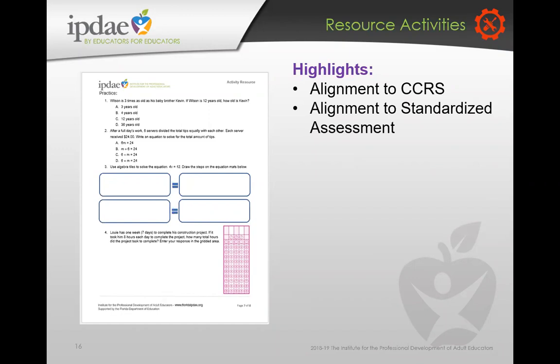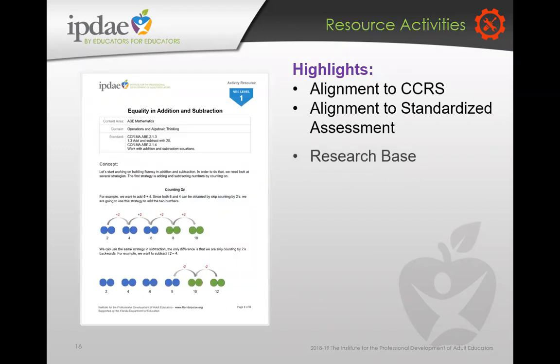We tried our best to make sure that the practice activities in the resource activity align to the standardized test, whatever test you are going to give your students after so many hours.